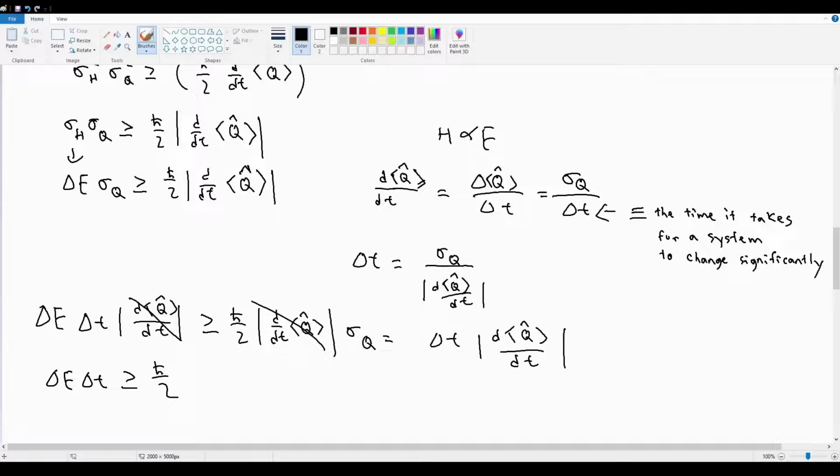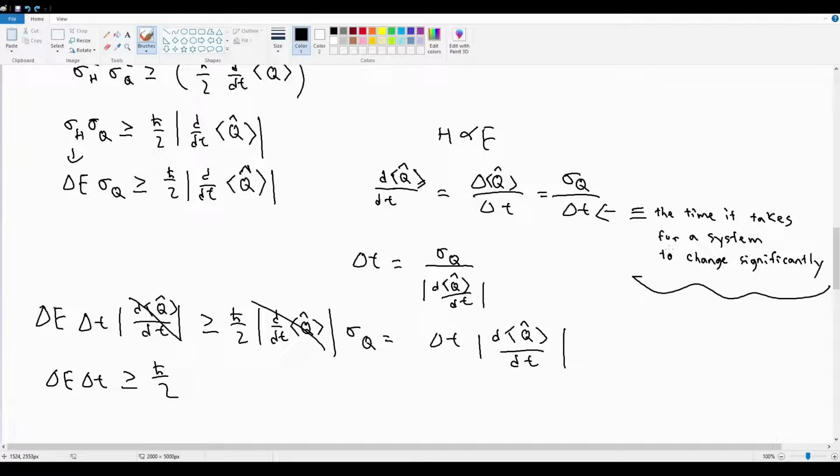And once again, I'm going to emphasize that this is kind of a weird proof, because we didn't prove something so much as get a result and define it per Griffiths, so that this delta t that appears here is defined as the amount of time it takes for a system to change significantly, where significantly is further defined arbitrarily as when whatever expectation value we're measuring, or whatever observable we're dealing with, changes by a standard deviation.